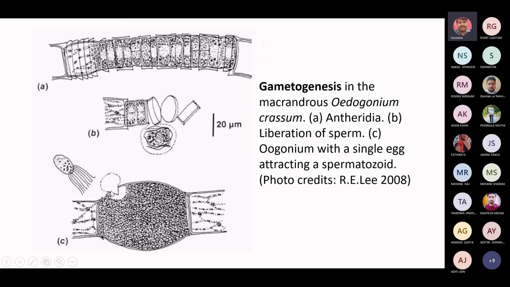And this is a hyaline region, the receptive region, which slightly breaks and allows the entry of the male gamete. The moment it enters the oogonia, it releases its flagella, the male protoplast mixes with the female protoplast, and they form a diploid zygote.